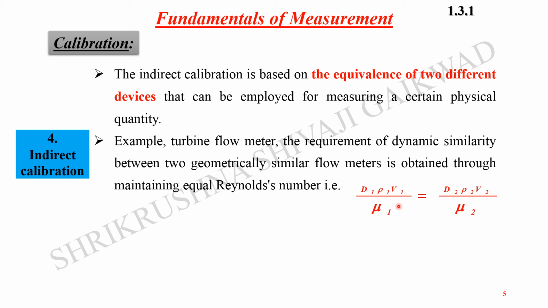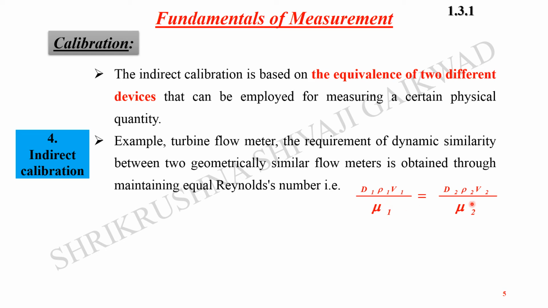Equal Reynolds numbers in the sense that, suppose we have a calibrated device flowing through one kind of pipe having some diameter d1, density rho1, flowing with velocity v1, and having its coefficient of viscosity as mu1.